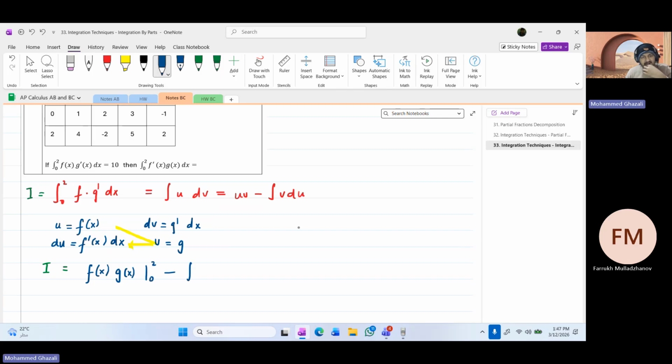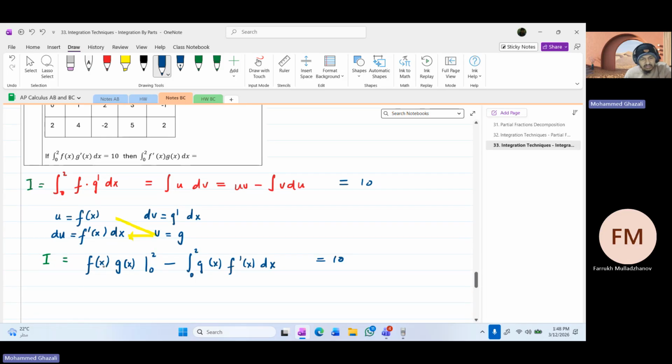What is v du? v is g of x and du is f prime x dx. And remember, don't forget the boundaries 0 to 2 here as well. And what is this entire answer equal to? They told us the answer is equal to 10. So we're going to make that equal to 10.